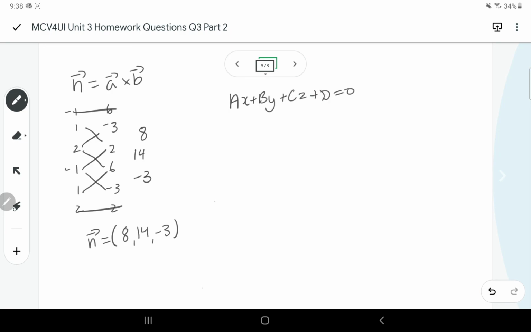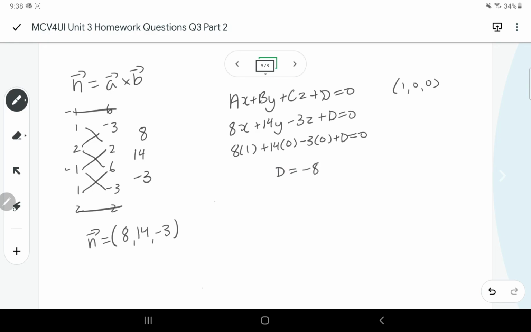And then we just have to plug in the point to find my d. So 8x plus 14y minus 3z plus d equals 0. And my point was 1, 0, 0. So 8 times 1 plus 14 times 0 minus 3 times 0 plus d equals 0.